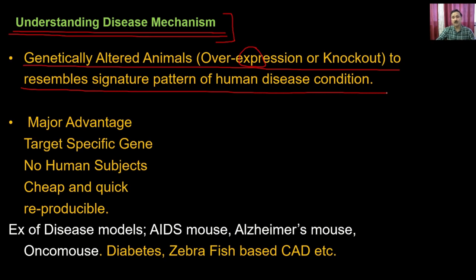With a conventional approach you can just remove the organ or inject a chemical, but you may not be able to develop the signature pattern of a human disease, because human metabolism may be very different from animal metabolism. Achieving a perfect signature pattern of a human disease is a very difficult and challenging task, and that can be achieved with the help of transgenic animals, because you can overexpress a particular gene or knock out a particular gene, and that would be very precise.